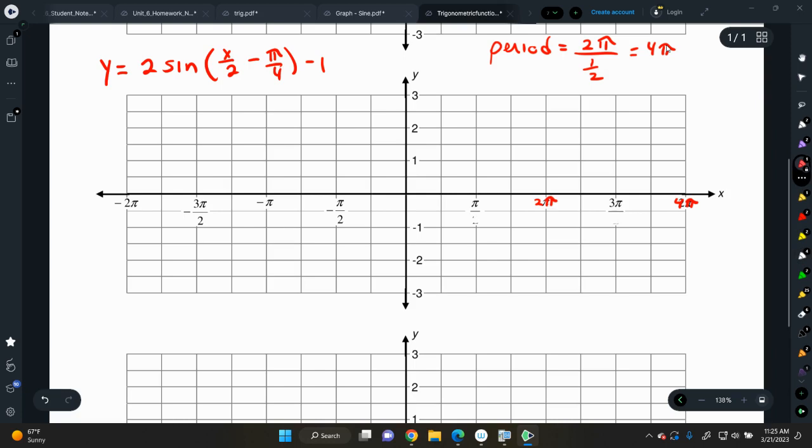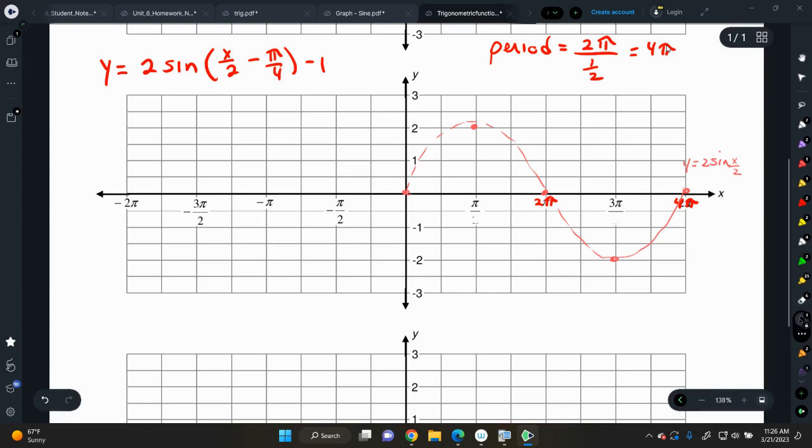I'm going to sketch my basic function in here first. It's got an amplitude of 2. So here's y equals 2 sine x. I'm sorry, that's not correct. This is y equals 2 sine of x over 2. Everybody good with that? What do you want to do next? Move it to the right, pi over 4.